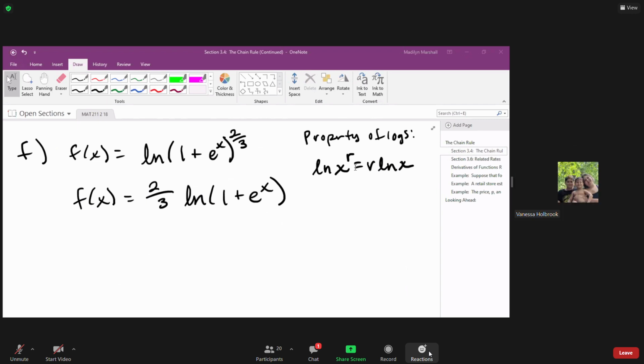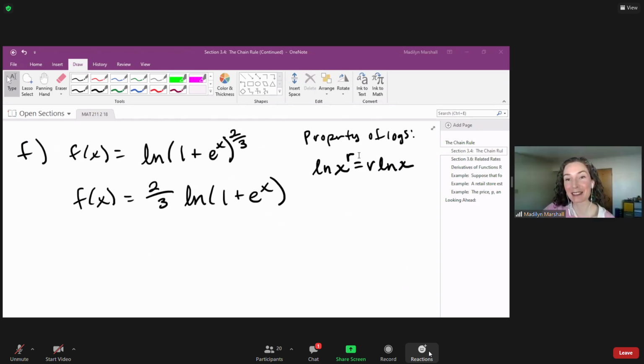And you don't have to, oh, it's not the power rule, it's the logarithm rule. Okay. Right, exactly. Yeah, it is usually called the power rule of logs, but I just realized that that's not helpful to call it that in this context. So yeah, it is just a property of logarithms and not derivatives.